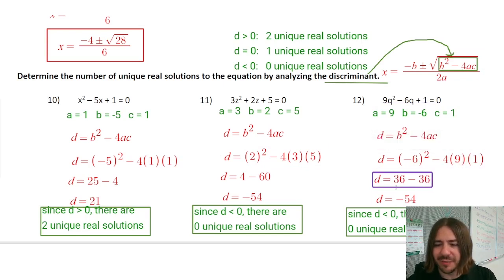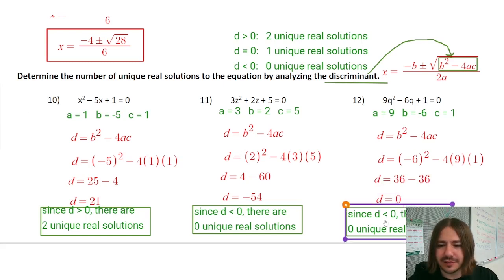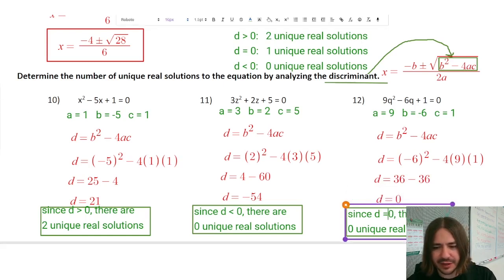You probably saw this coming. There's only 3 different possible outcomes here, so it's kind of predictable that I would have one of each. In this case, since D is 0, there is, fix the grammar here, 1 unique real solution.